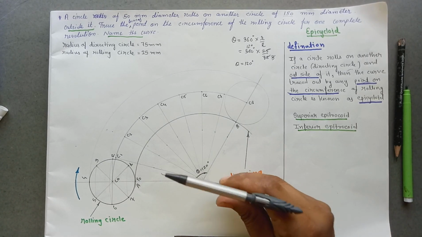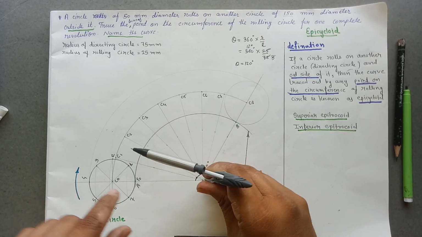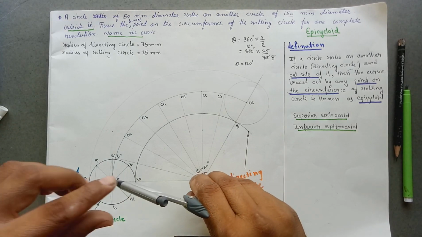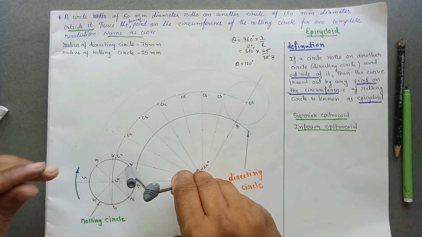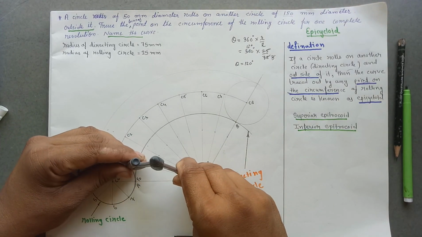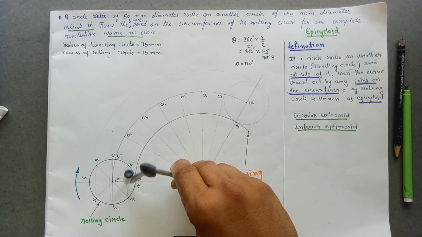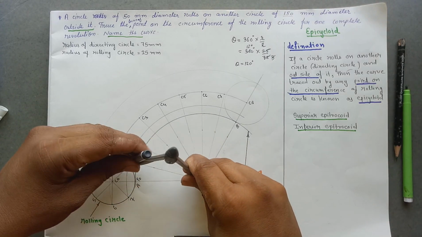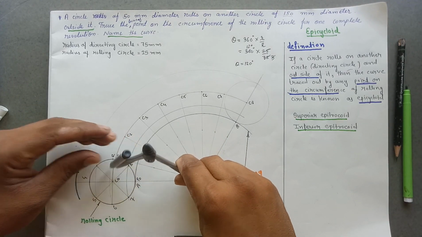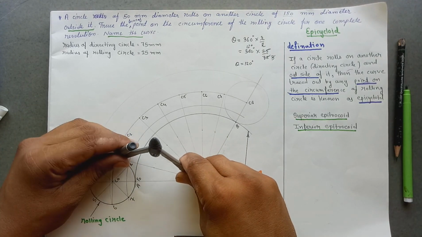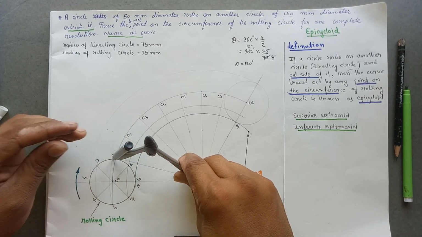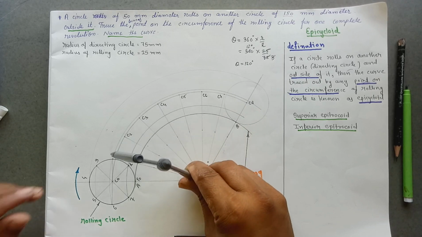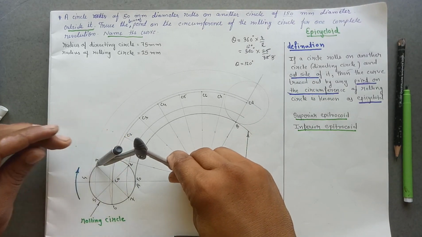Now after marking the centers, draw the arcs parallel to the arc of the directing circle from 1, 7, then 2, 6, then 3, 5.